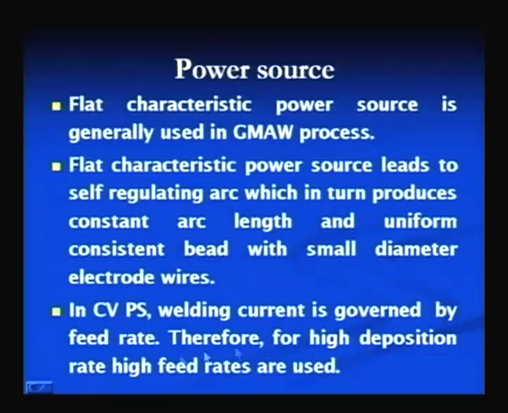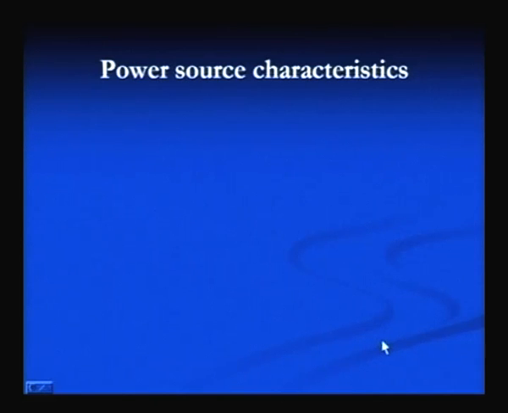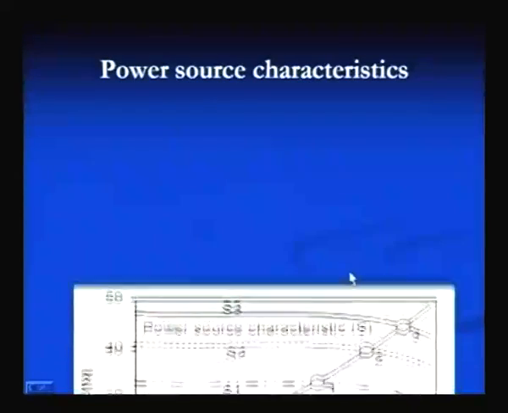Therefore, for high deposition rate, high feed rates are used, so that high current can be obtained, which increases the welding current and produces high welding speed. The high feed rates are effective particularly in the case of constant voltage welding power sources.